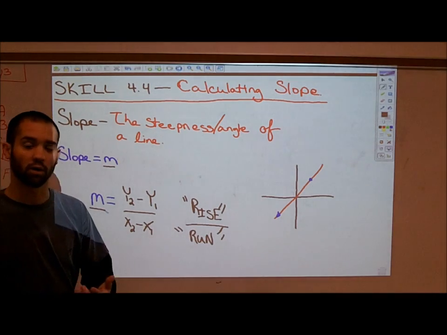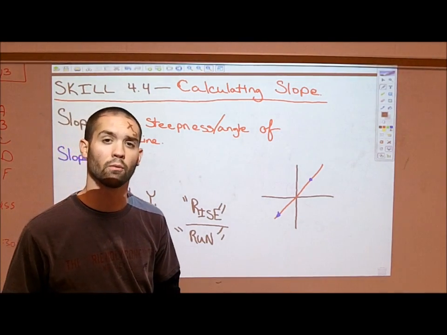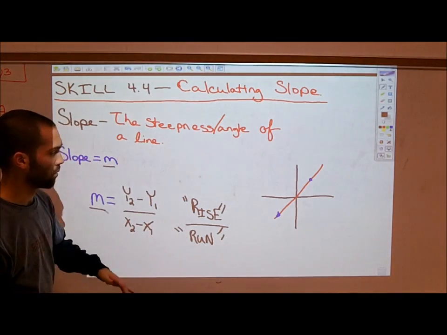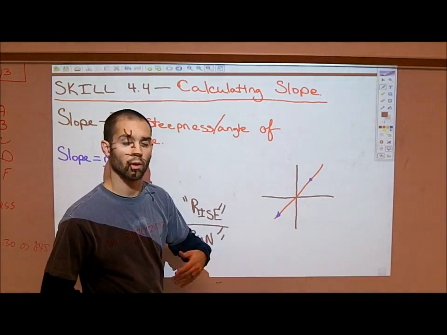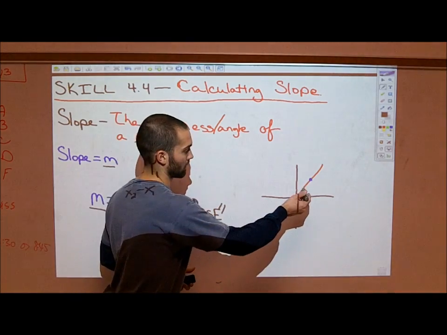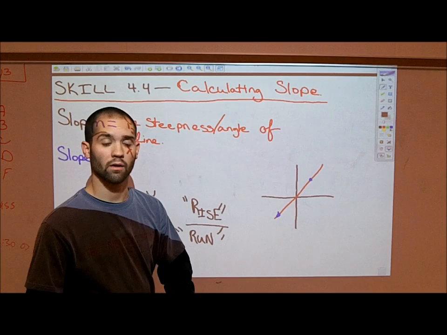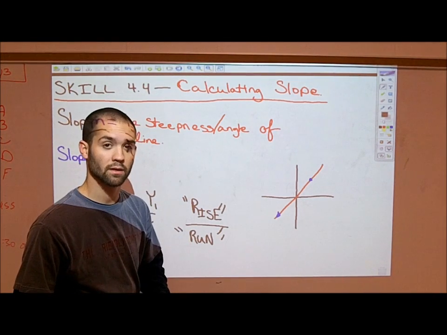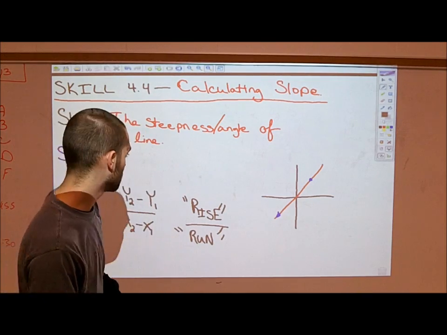Now, probably a lot of you are thinking, whoa, where are we getting this y1, y2, x1, x2? Well, where it comes from is points on a line. The way we're going to calculate slope is by using 2 points. Let's say a point here and a point here. If you remember, the coordinates of a point are x and y. So if I'm using 2 points, I'm going to have 2 x values and 2 y values.